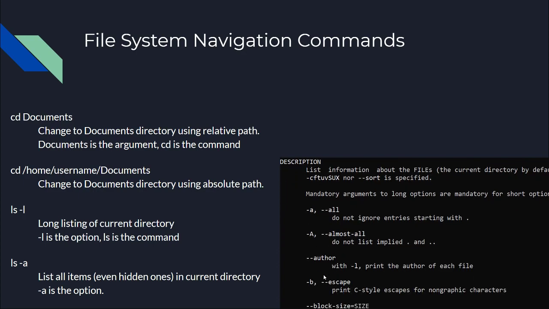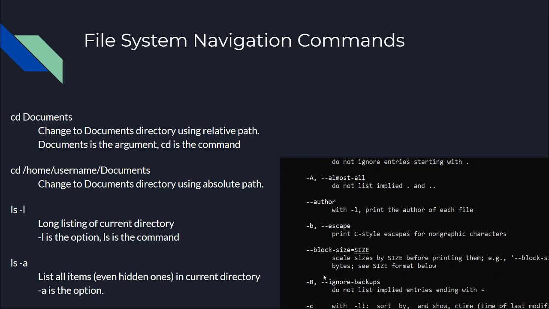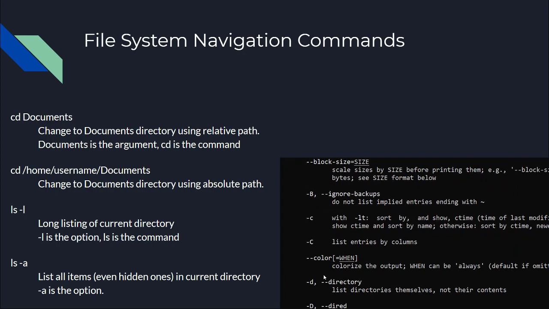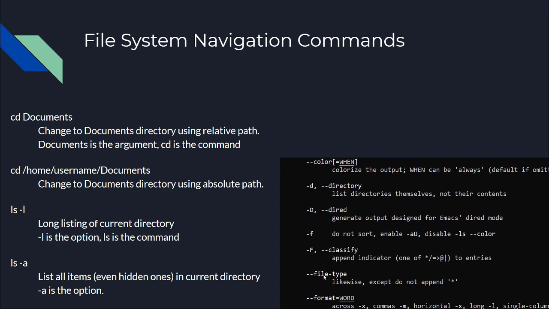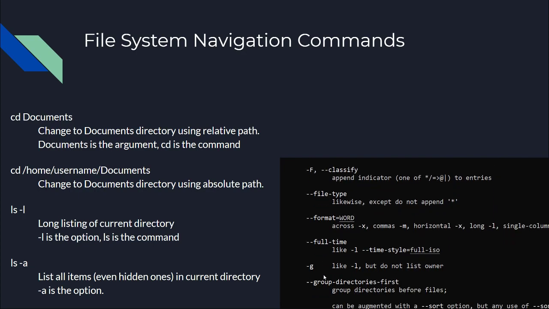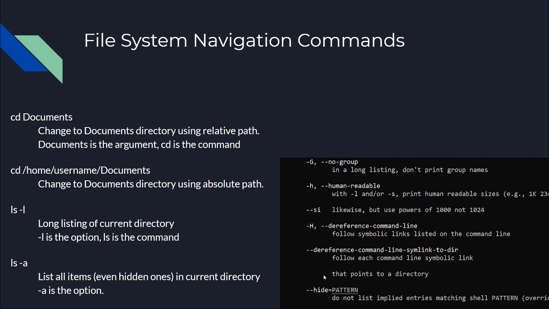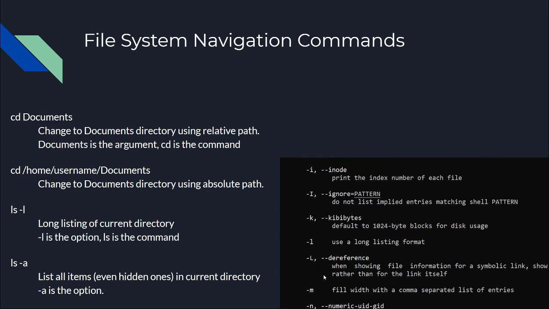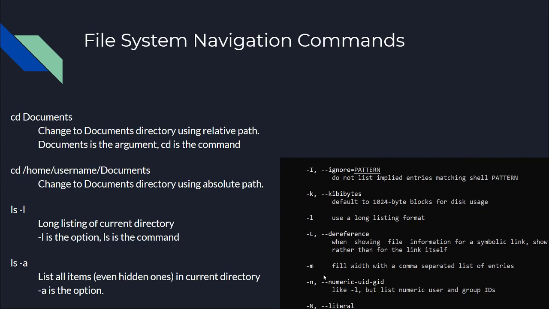That's where we saw the hidden files. If I hit the down arrow, I'll just scroll down line by line, and I'll just keep on looking until I find the -l option. There it is, -l. Use a long listing format.